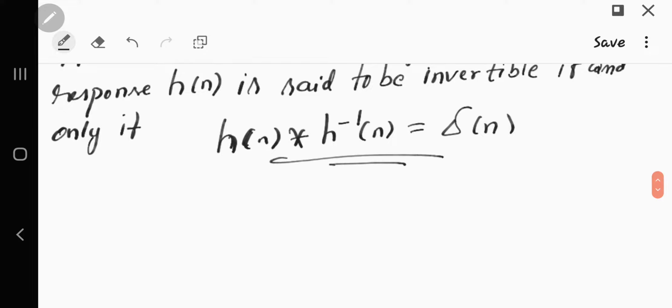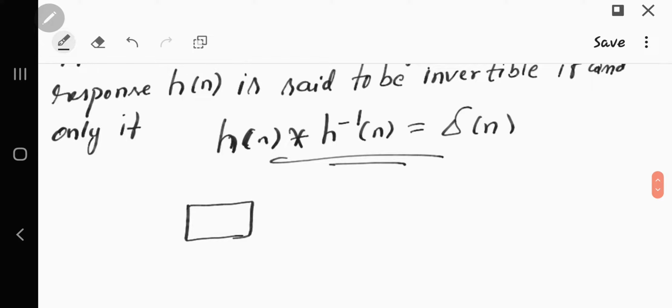That means h of n and its inverse are convolved, so it should end up with the impulse response. Then only the system is said to be invertible.